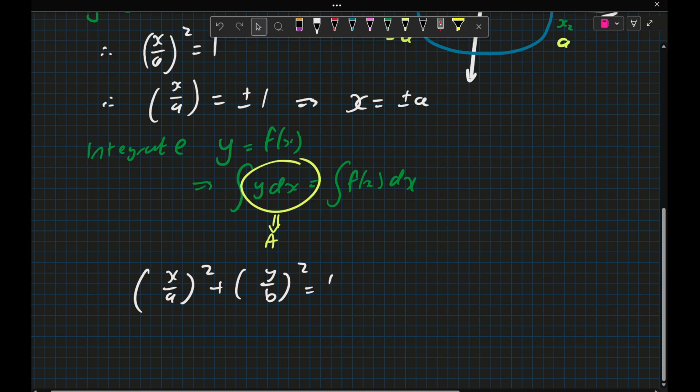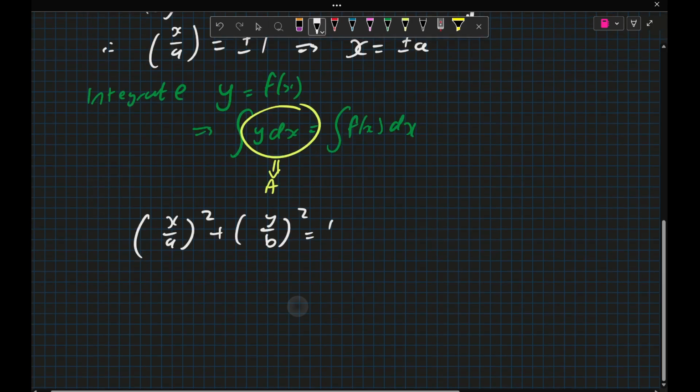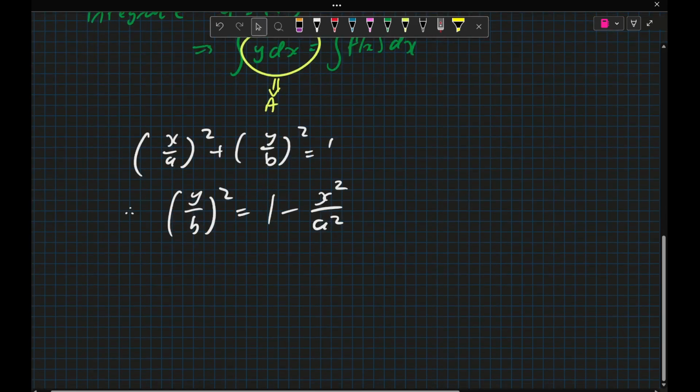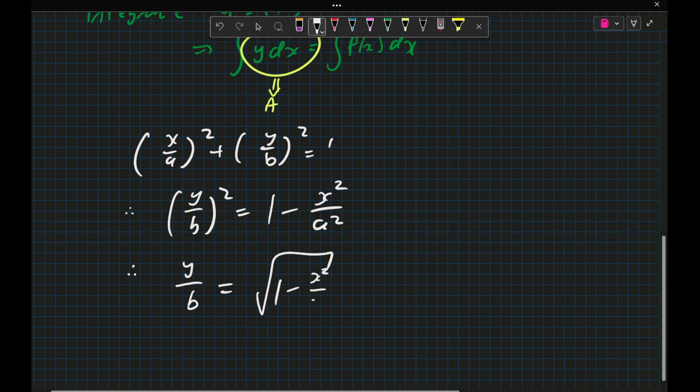Now I want to get this into a form where it's just y equals, so y over b squared is 1 minus x squared over a squared. Then I'll take the square root, but I'll just keep it as y over b, just for now, as the square root of 1 minus x squared over a squared. Now, this b doesn't necessarily matter where it goes.